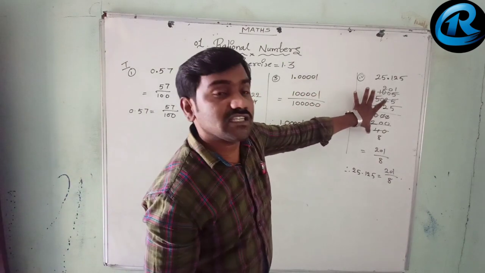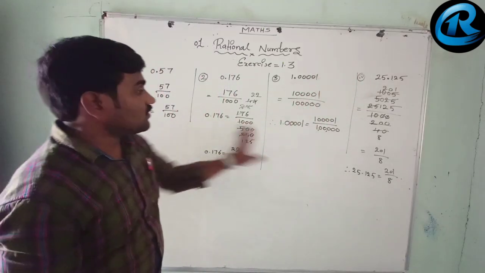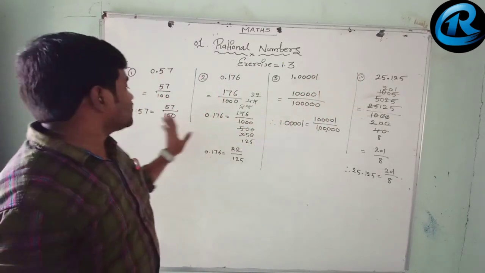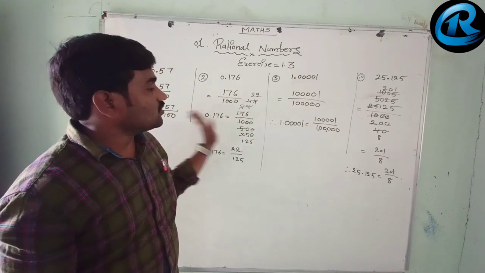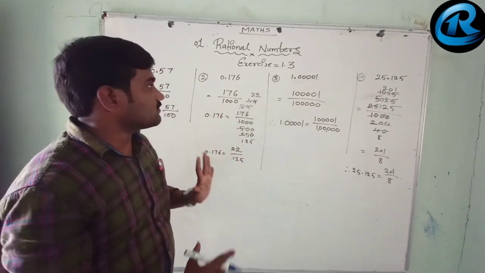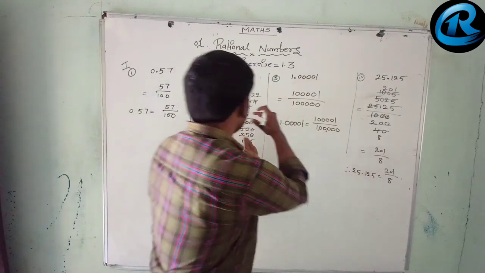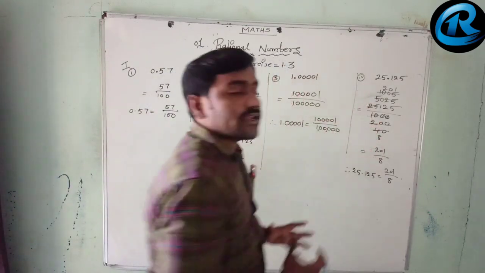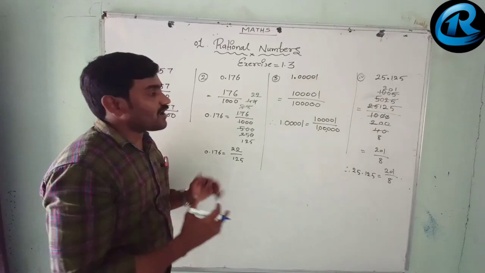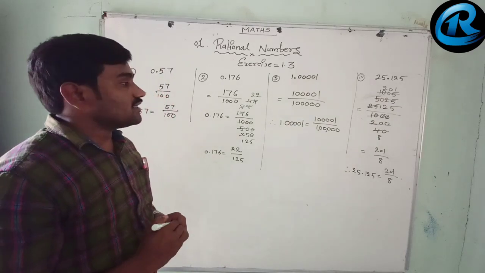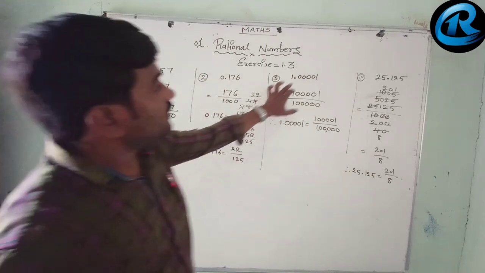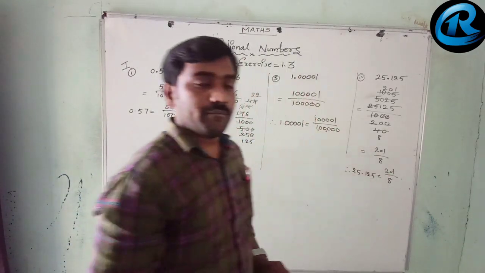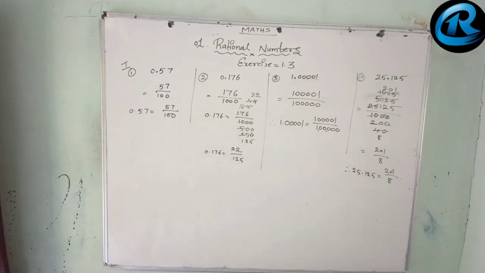If not, we write it as it is, because in questions 1 and 3 the cancellations are not possible. But in questions 2 and 4, the numerator and denominator are able to cancel in the same table, so that's why we have cancelled here. Try to understand. This is the way we change the given decimal numbers into the form of p by q.